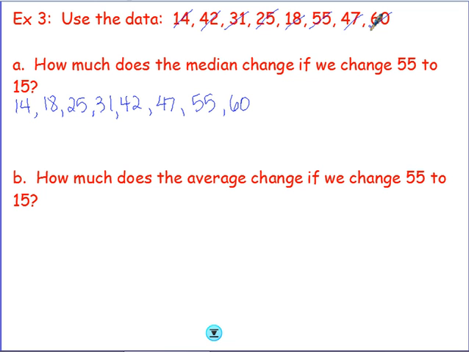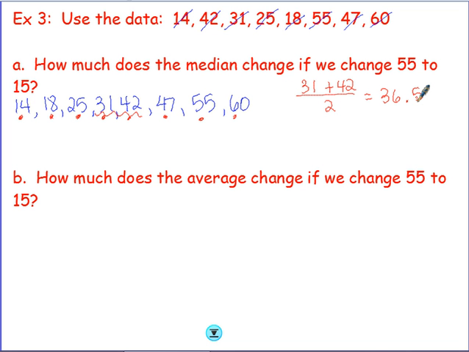So we're going to do our typical 14 and 60, 18 and 55, 25 and 47, 31 and 42. Again, we have two middle numbers. So I'm going to take those and add them up, hit enter, and then divide by 2, and I end up with 36.5.